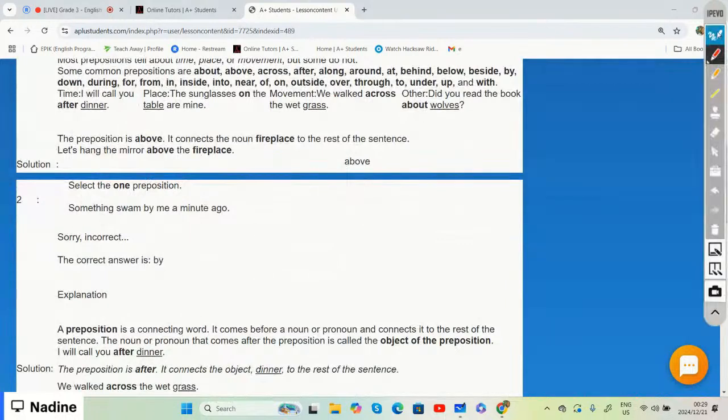Where are we now? Yep. It says we need to select one preposition within the sentence. It says something swam by me a minute ago. So something swam by me a minute ago.